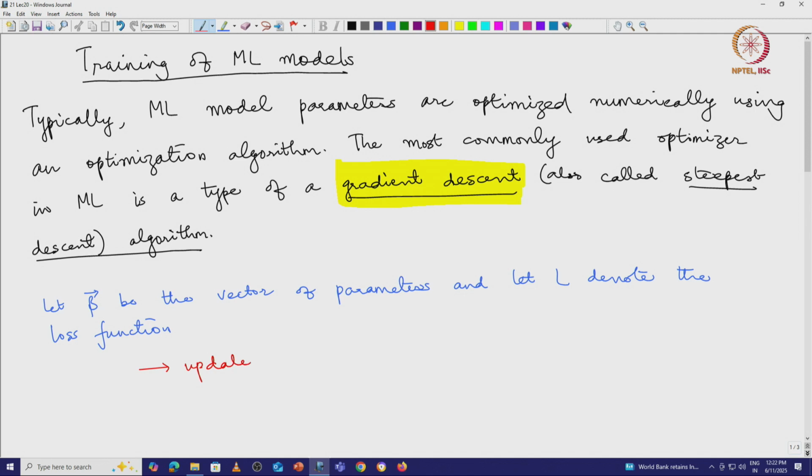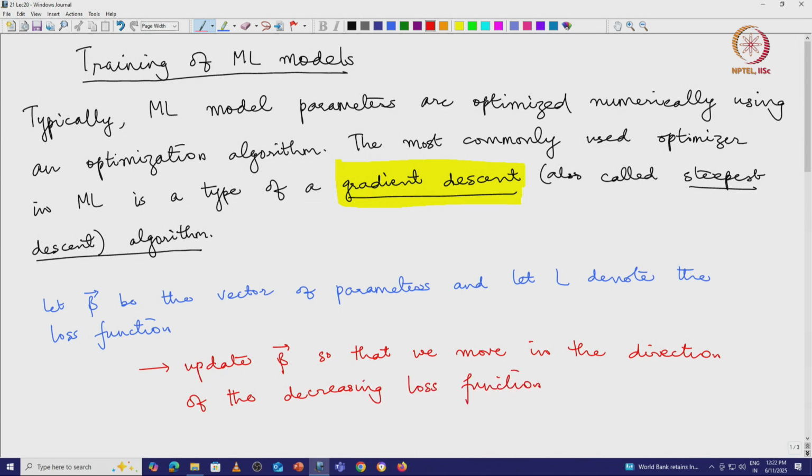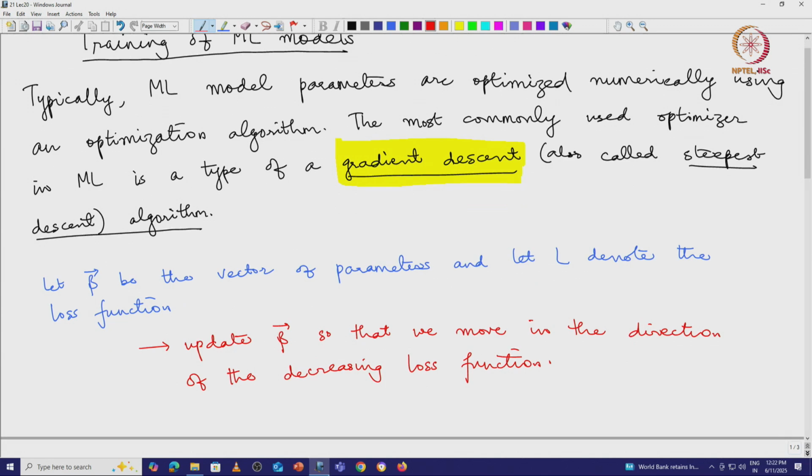We want to update beta so that we move in the direction of the decreasing loss function. So how do we move in the direction of the decreasing loss function? We have to find out what that direction is.